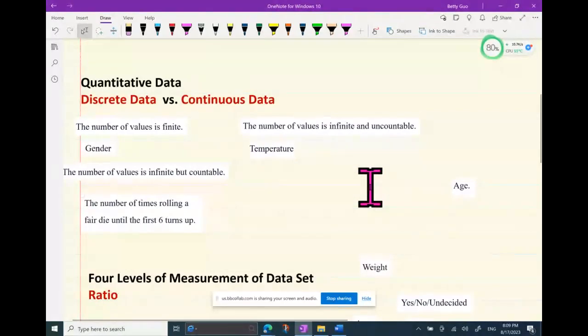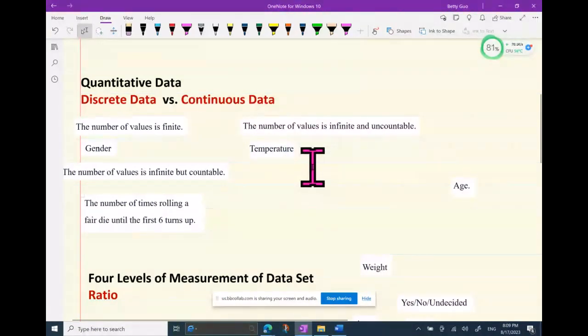When the temperature changes, would it jump suddenly from 70 degrees to 71 degrees? It doesn't jump that way. It changes gradually, continuously, going through all the real numbers from 70 to 71. So temperature is continuous data.